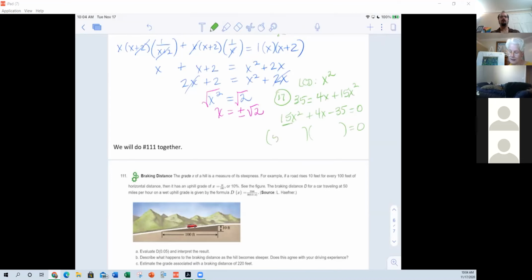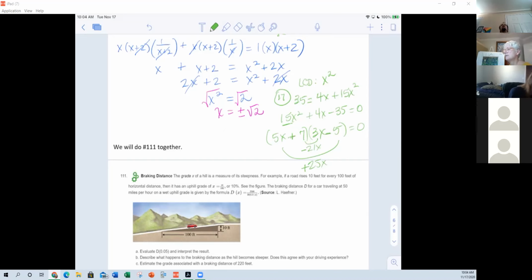So I would pick 5x and 3x. And then I need two numbers that are going to also multiply to 35 in the end. So I'm going to pick 7 and 5. So that would give me 21x, and that would give me 25x. And in order to make that work, the 25 would have to be positive, and the 21 would have to be negative.